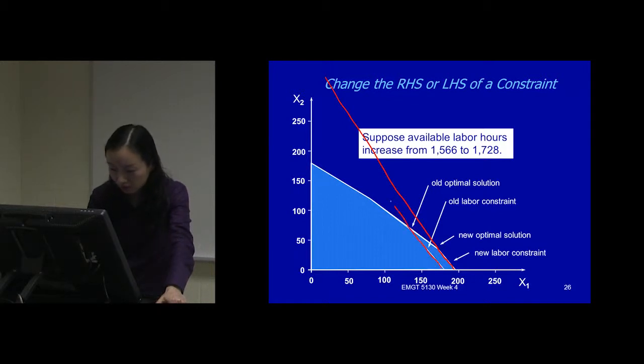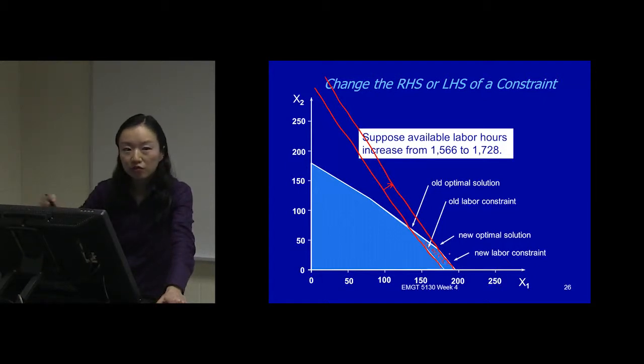Originally it was here, and when you increase the right-hand side, it moved in this direction, and so you see there is some additional area available for you to improve the optimal solution. Okay, and the level curve can move. Originally it was somewhere here, so it can continue to move, and it hits this point. It gives you a better optimal solution. And we can find the intercept in this case and calculate what the objective function value is.